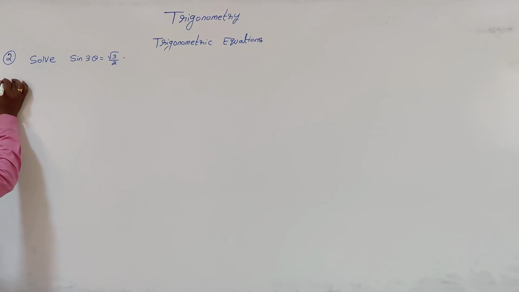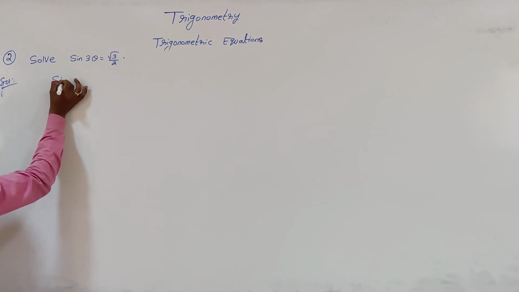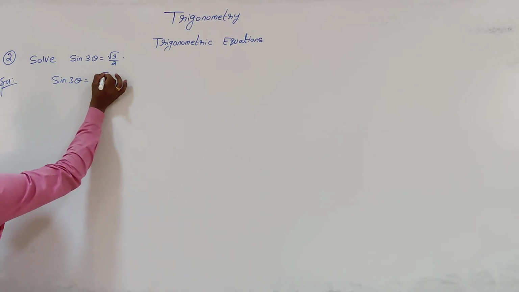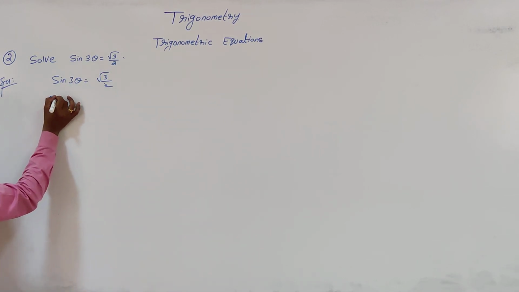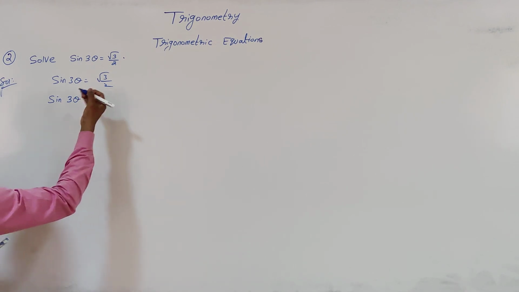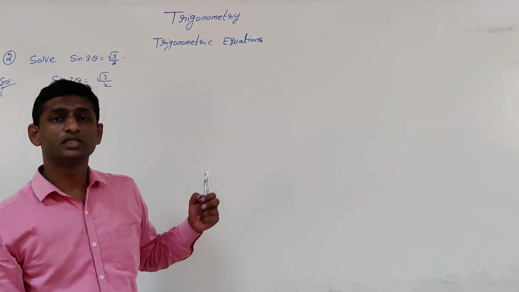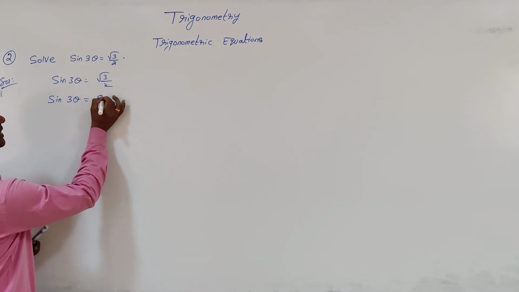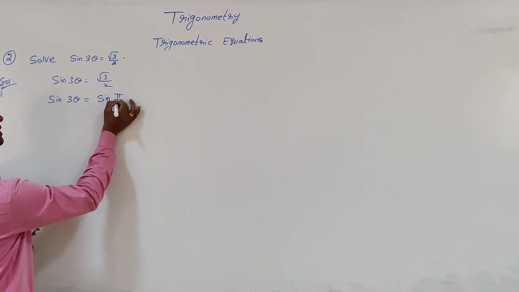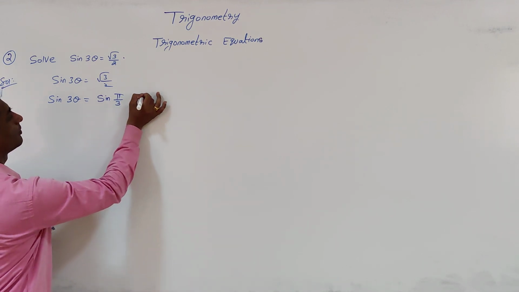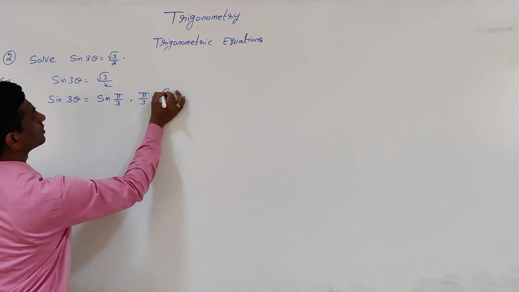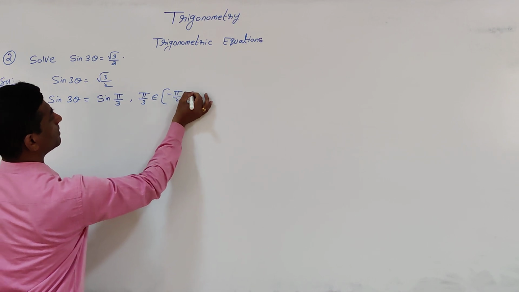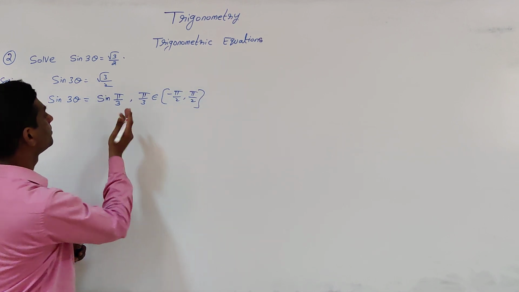Now the solution: sin 3 theta is equal to root 3 by 2. For what angle will the value be root 3 by 2? That is sin pi by 3, 60 degrees, where pi by 3 belongs to the closed interval minus pi by 2 comma pi by 2, so that will be the principal solution.